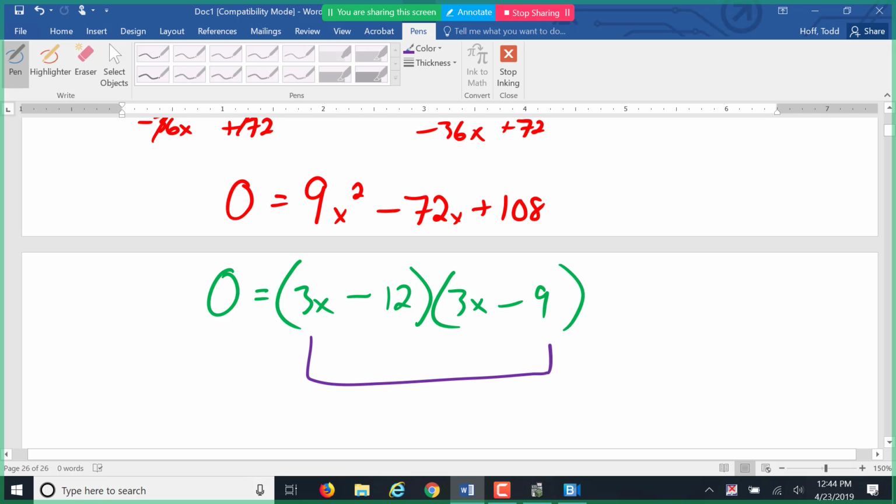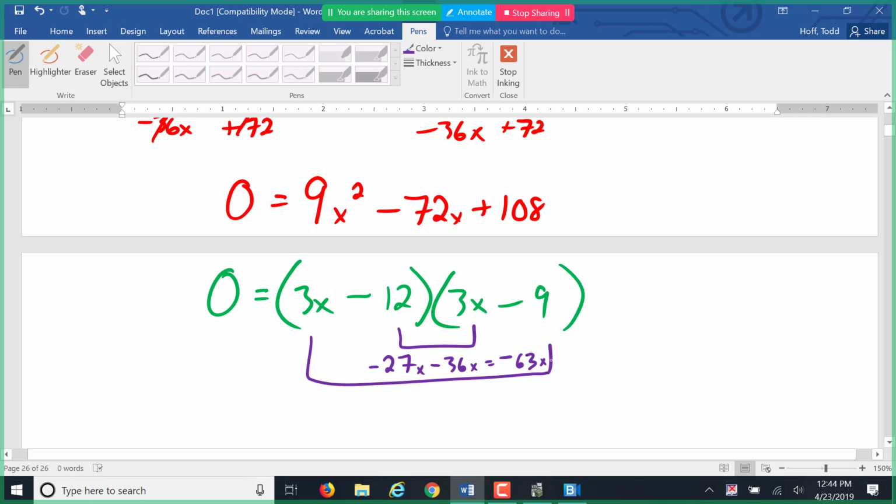So 3x times negative 9 is a negative 27x. Negative 12 times 3x is a negative 36x. That adds up to a negative 63x, sorry. The internal calculator is way off today.